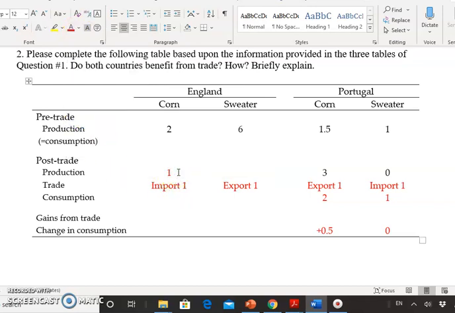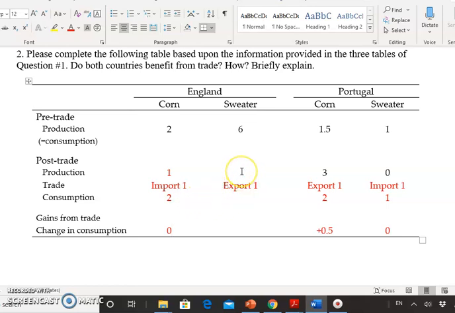If English people produce 1 corn and import 1 from Portugal, then their consumption would stay the same as before, so that's why we said they have to produce at least 1 corn. This way, the change in corn consumption in England would be 0. They used to produce 2 corn without trade. Now with trade, they get 2 corn to consume, exactly the same, right?